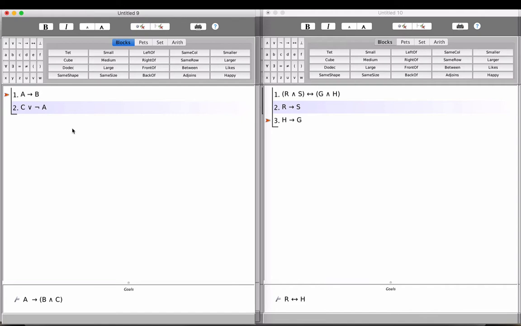The premises, if A then B, and either C or not A, and the conclusion, if A then both B and C. So the strategy is this: when you look at what you're given and the goal or the conclusion of the argument is a conditional, your strategy is going to be to set up conditional introduction, where the assumptive step is the antecedent, in this case A, and the conclusion of the subproof is the consequent of the conditional, in this case B conjunction C.